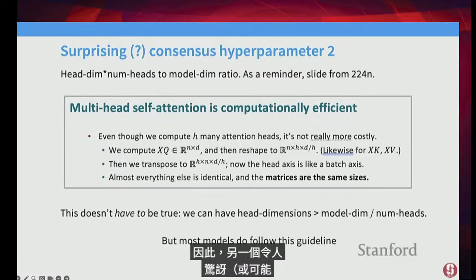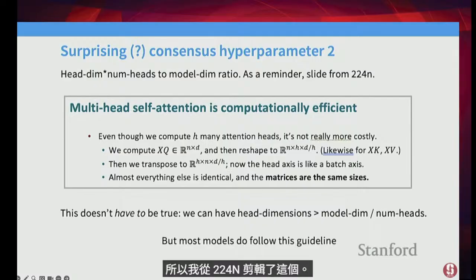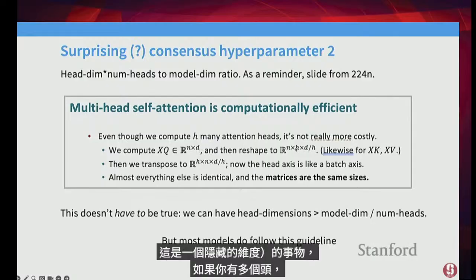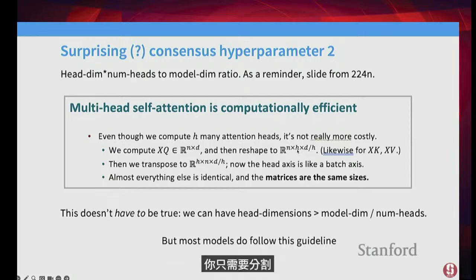Another surprising, or maybe not surprising, consensus hyperparameter is the ratio between the model dimension and the head dimension times the number of heads. I clipped this from 224N, but the canonical choice is to pick things so that the dimension D, that's the hidden dimension, is split up, so if you have multiple heads, you're just going to split up the number of dimensions each head gets.